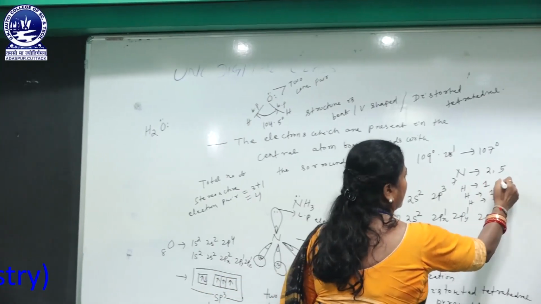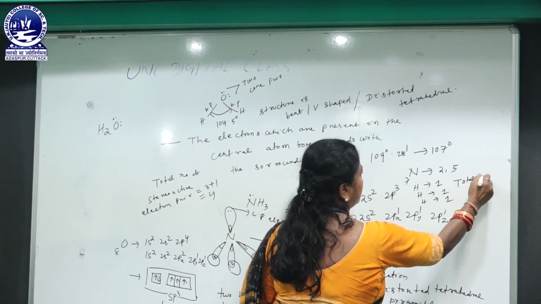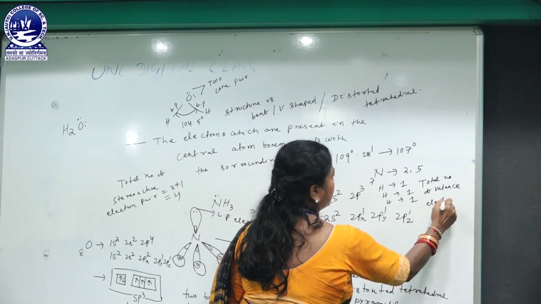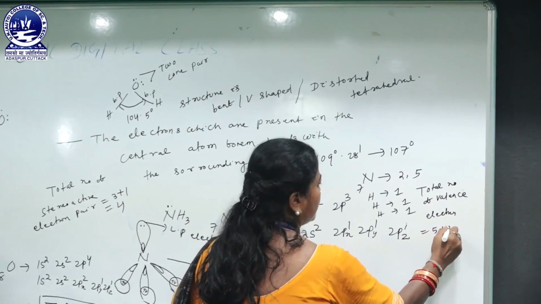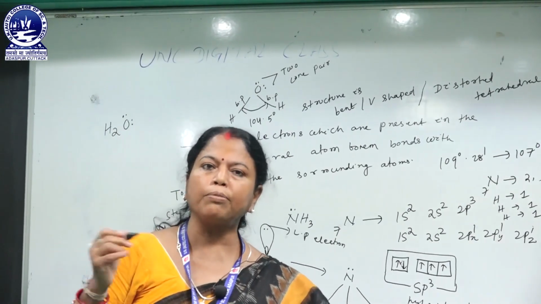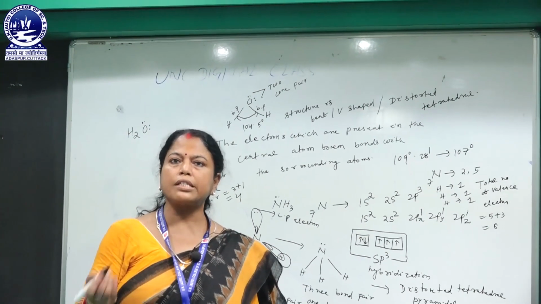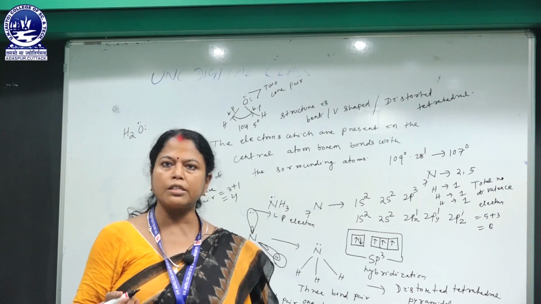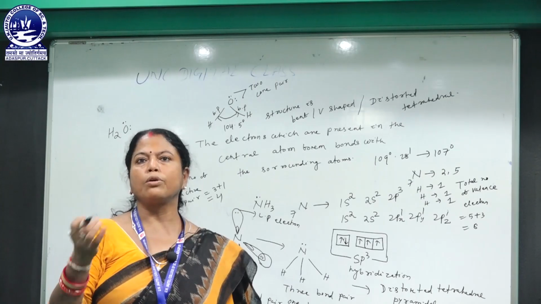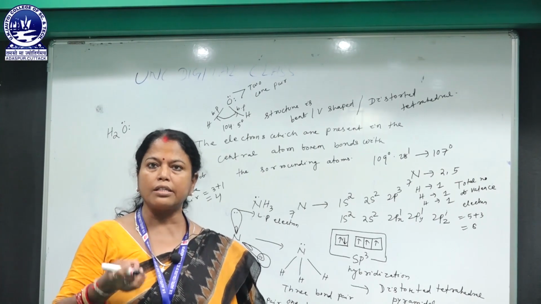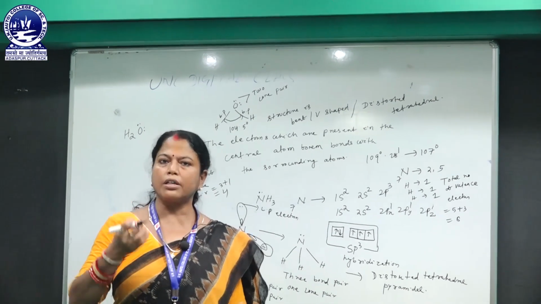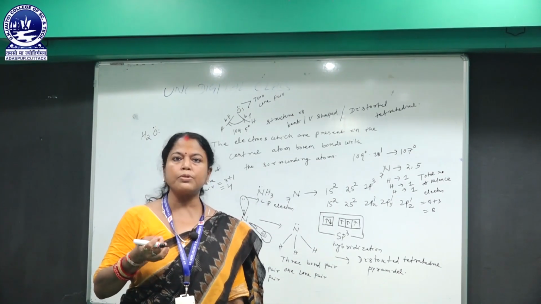So the total number of valence electrons is equal to 5 plus 3, that is 8. So the number of valence electrons determines the geometry of the molecule. 6 electrons are used in the formation of 3 sigma bonds, and 2 electrons are treated as a lone pair. So this is the general consideration of valence shell electron pair repulsion theory on the basis of simple covalent bond.